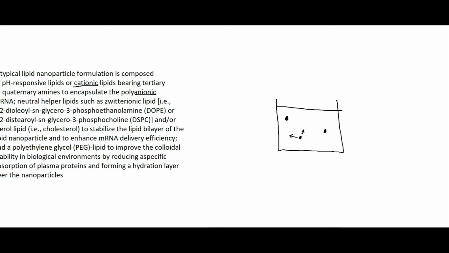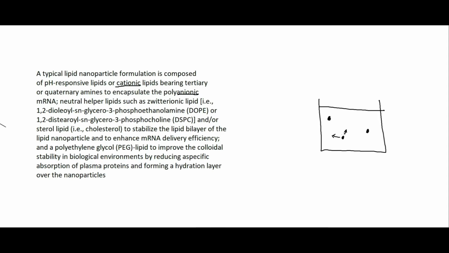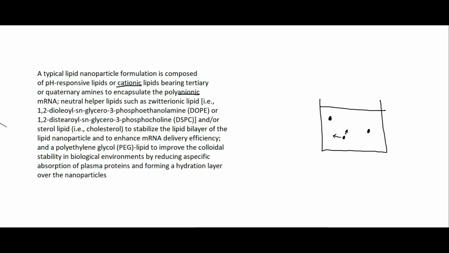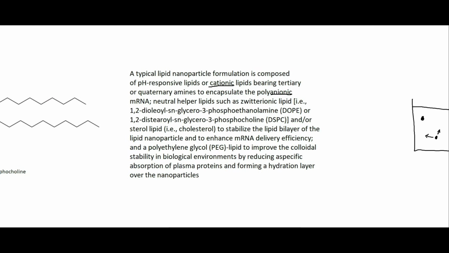So it helps stabilize these colloidal forms so these lipid nanoparticles don't break apart, in particular in biological environments, by reducing the absorption of plasma proteins. So these lipid nanoparticles won't absorb proteins, and it forms a hydration layer over the nanoparticles.